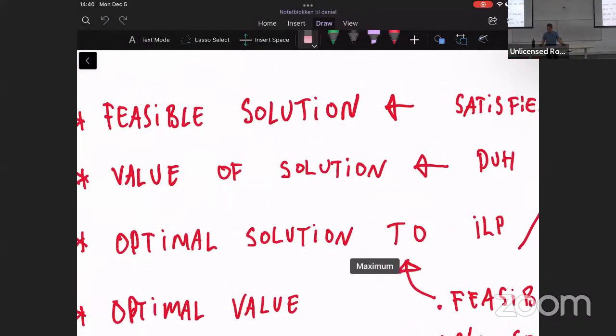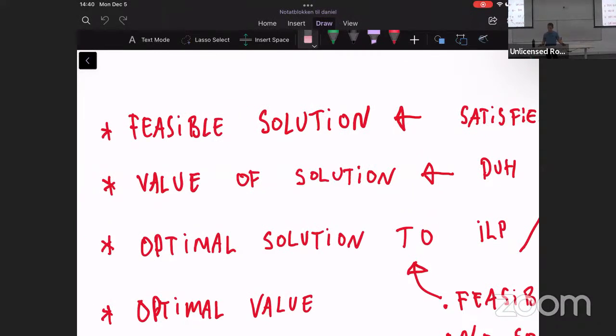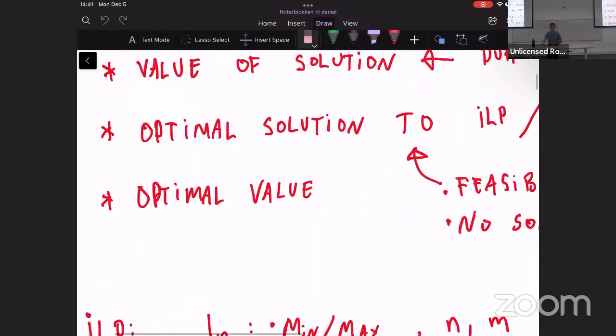Now, given the definition of feasible solution and the value of a solution, anyone care to guess what an optimal solution to an ILP is? Yeah. It is a feasible solution so that no other feasible solution has a better value. And the optimal value is the value of an optimal solution.